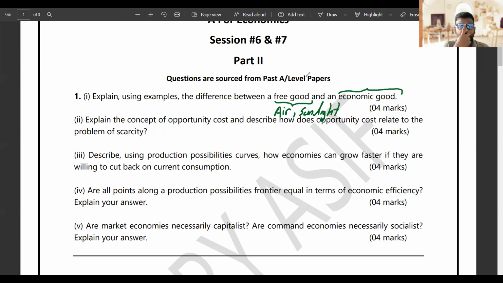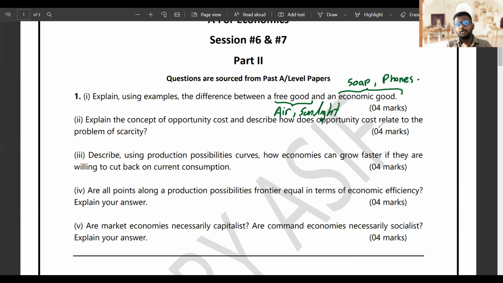Yes, Inusha, you can. Soap, phones, laptops, books, bottle, anything that you see around you would be an economic good. So that's it, right?